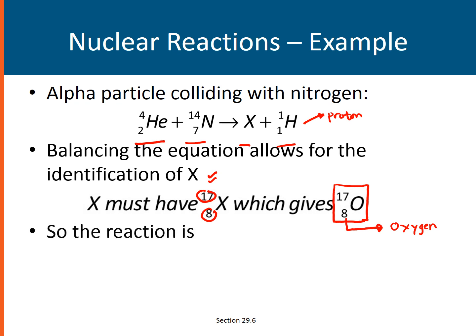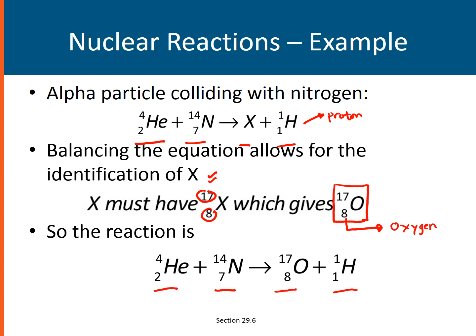So the reaction then is the alpha particle being bombarded onto a nitrogen atom will give us an oxygen atom and a proton. If we check the mass numbers, 4 plus 14 is equal to 18, and it is also the same on the right side of the equation: 17 plus 1, that is also 18.